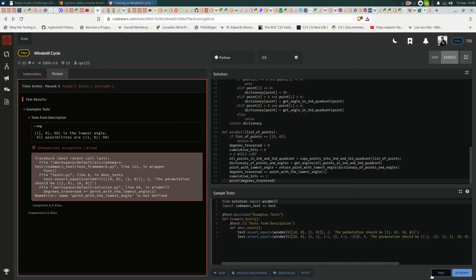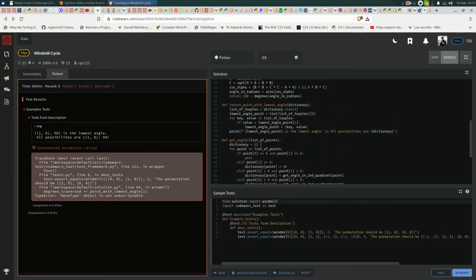Test it out. Point with the lowest angle is not defined. We got bamboozled by the NoneType object is not subscriptable, because this thing doesn't return anything.